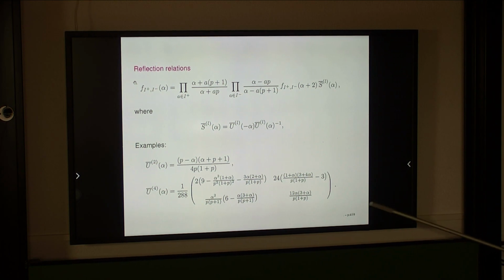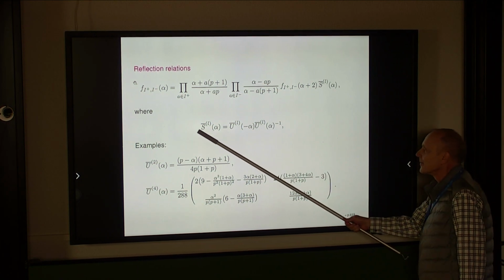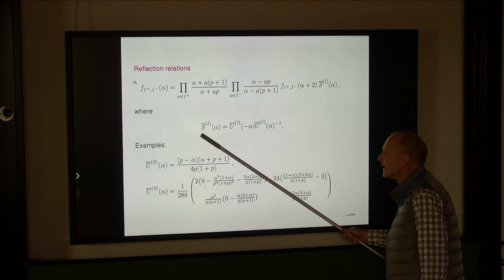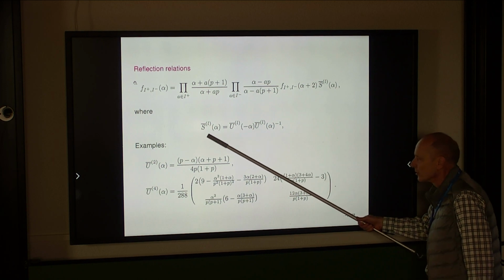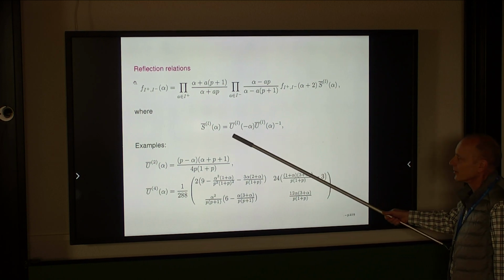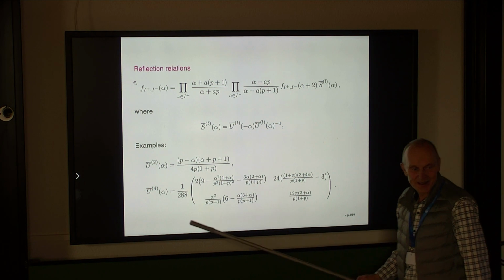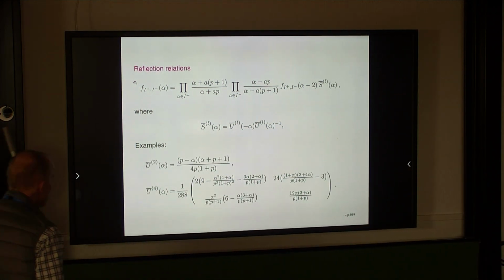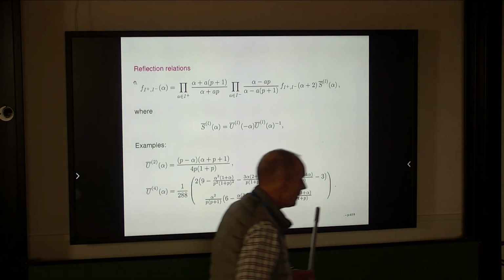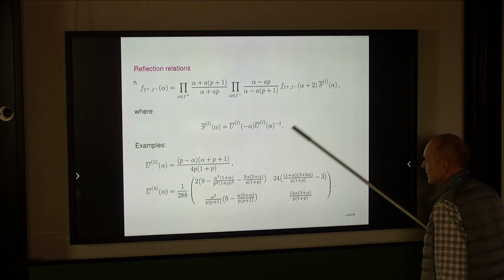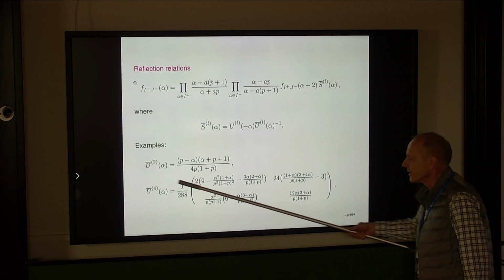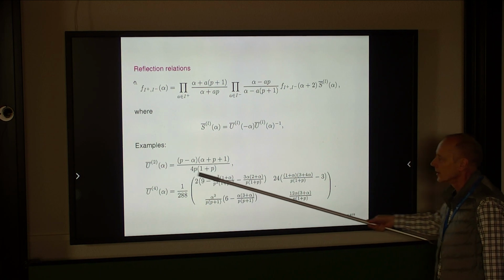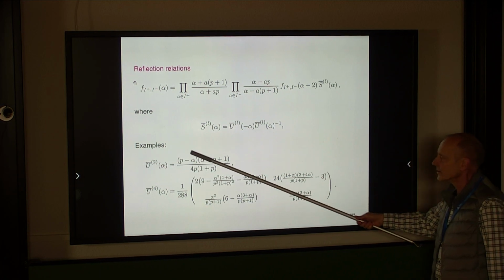For people who still remember quantum mechanics, this is like an S matrix. It looks like the S matrix is a product of two wave operators. S is equal to U, or U minus. The examples of these U's are given here. It is simple to solve for level 2 Virasoro, because this is just a constant.